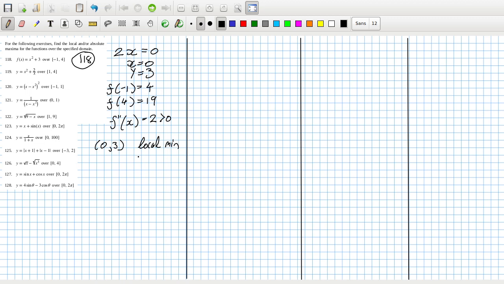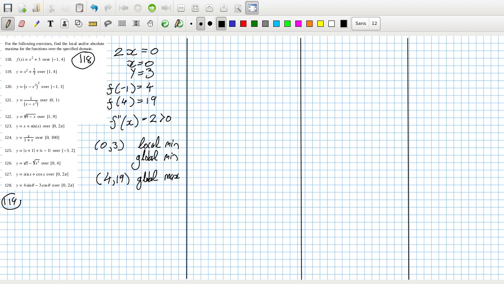It's also therefore a global min because it's a quadratic shape. And then 4, 19 is an absolute, I'm going to call it global max. Okay.